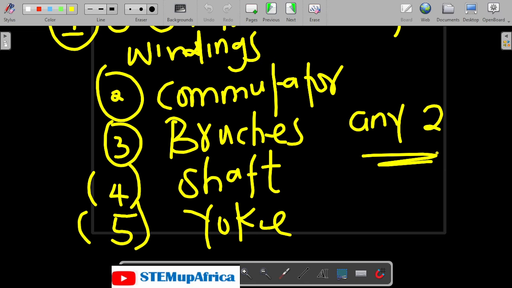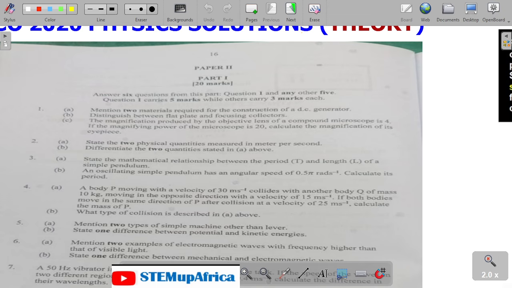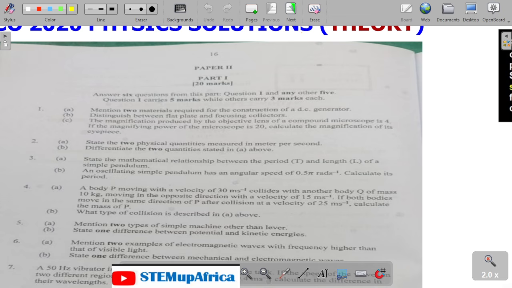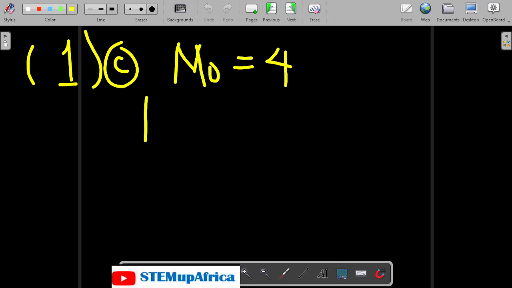So let's go to 1C. It said the magnification produced by an object lens of a compound microscope is 4. If the magnifying power of the microscope is 20, so my M is simply 20.